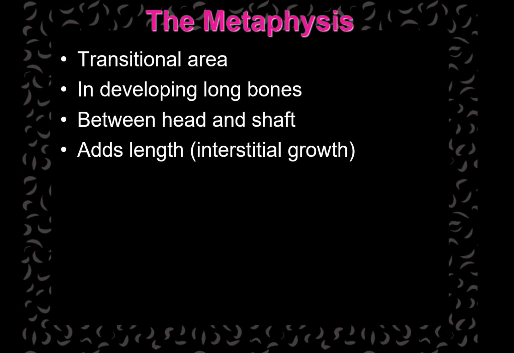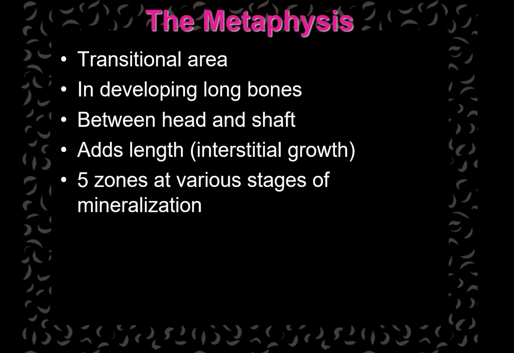In these developing bones that started off as hyaline cartilage, there's 5 zones at various stages of this development. Okay? And we're going to show you the 5 stages here in just a second. The epiphyseal plate gets smaller and smaller with age because of what's happening is what? Why does it get smaller?